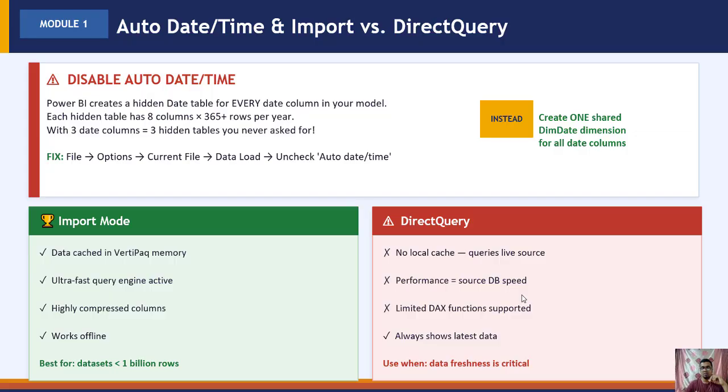The data is in sync with the source itself. But when it comes to performance, we need to go with import mode. Also, a disadvantage of direct query is limited DAX functions. So based on the requirement, we need to choose. But if performance is the primary concern, then we need to go with import mode.